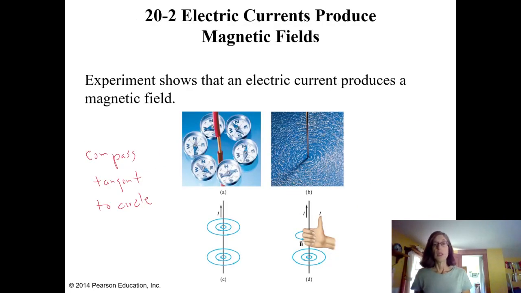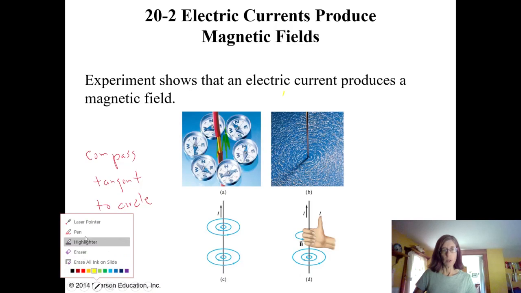So what we've also seen is that if you take a current and you apply it to a wire, like here with a copper wire, the current produces a magnetic field. And the direction of the field is determined by what's known as the right-hand rule.